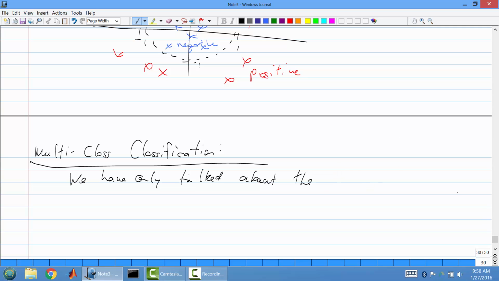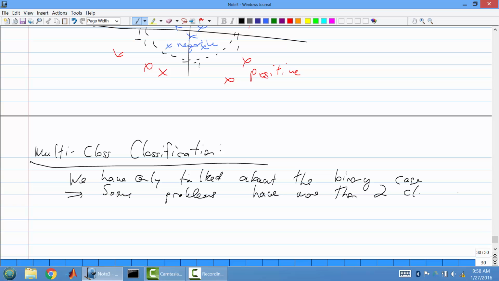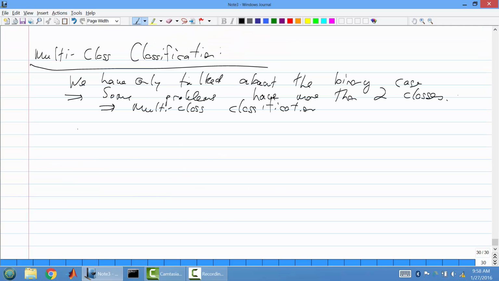Sorry, I can't write. Okay? So some problems have more than 2 classes. This is what's known as multi-class classification, right? There's several examples.